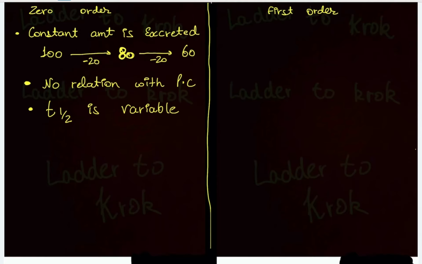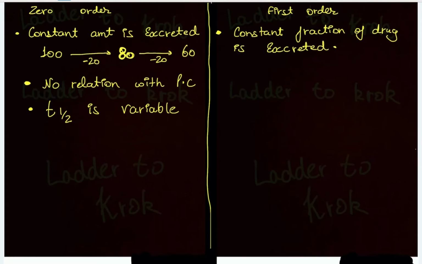Now in first order, most of the drugs, like 90%, follow first order reactions. In this, a constant fraction of drug is excreted. Remember, in zero order it is a constant amount, here it is a fraction.